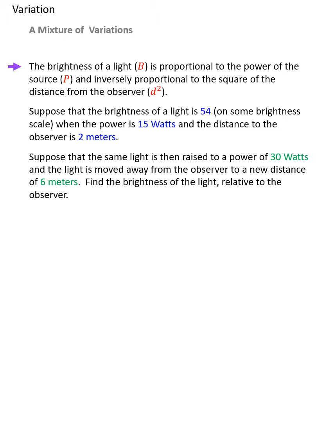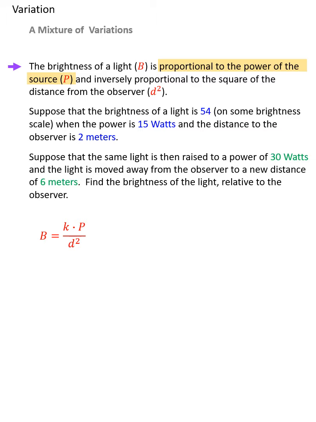Now, what I'm going to do is take this scientific fact and make an equation out of it. Well, this is the equation that we would make out of it. Let me explain. K represents the constant of proportionality. And because the power of the light source is directly proportional, it doesn't say directly there, but that's the assumption when we say proportional.